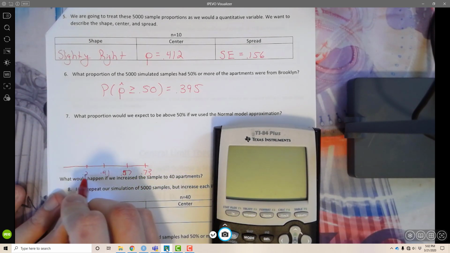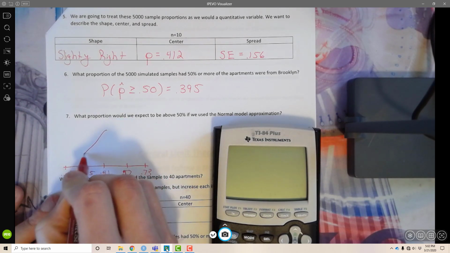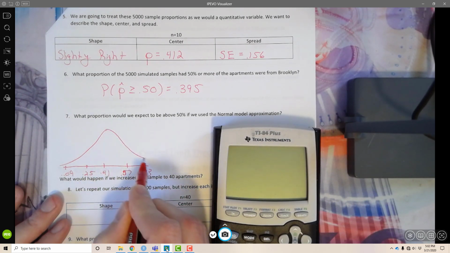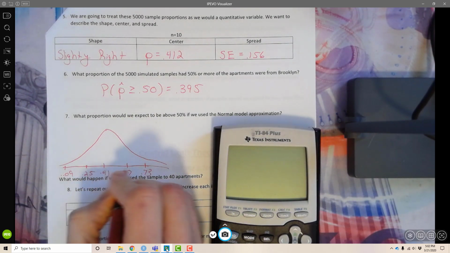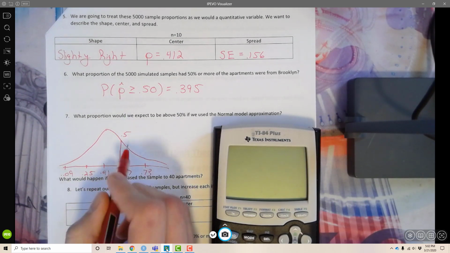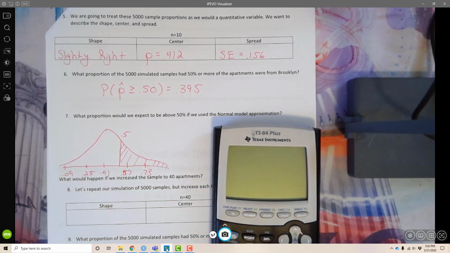And then at about 0.25. And then at about 0.09. We draw our normal curve out. And we want 50% or higher. That's going to fall somewhere between 0.41 and 0.57. And we want more, so we'll shade the right. So this is the part we want to find.